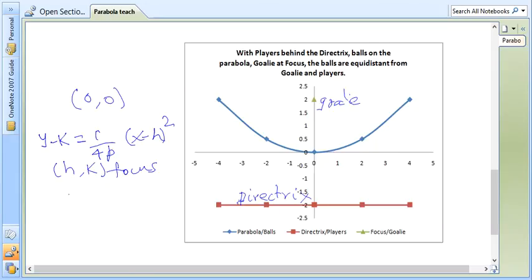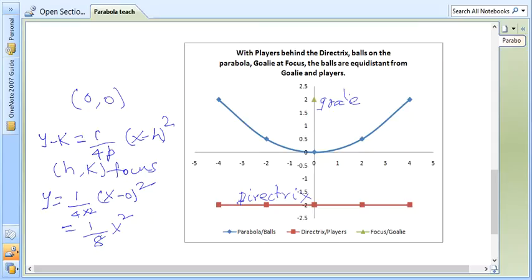Since it's at 0, 0, the equation in this case is going to be y equals 1 over 4 times 2, because p is 2, since we said the goalie is 2 yards away from the vertex, times (x minus 0) squared. So this is equal to 1 over 8 x squared.